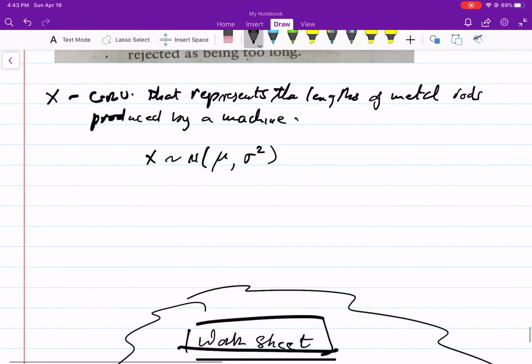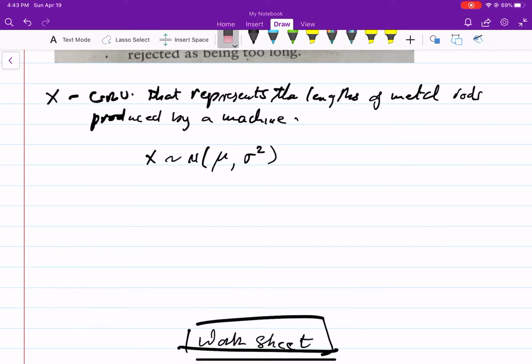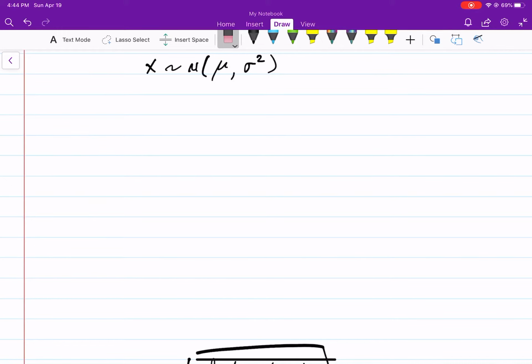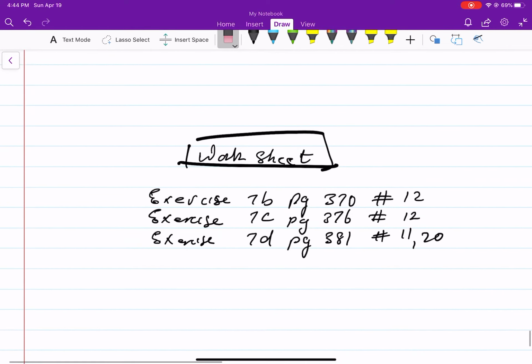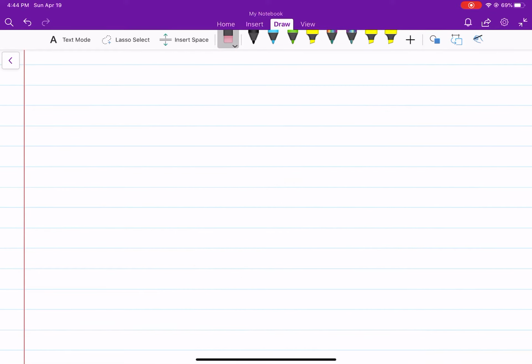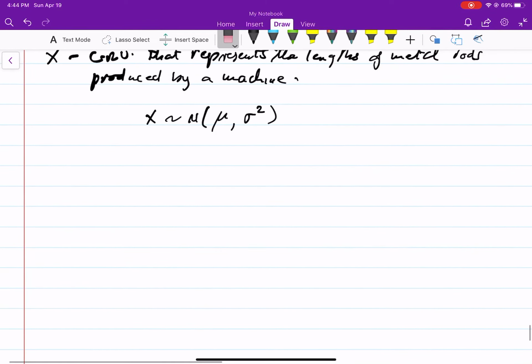I'm going to start by drawing the original f of x versus x normal distribution curve.